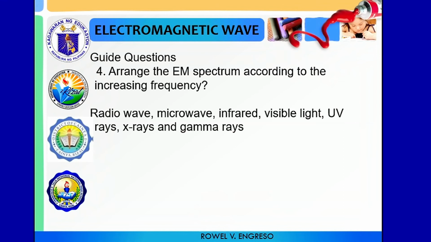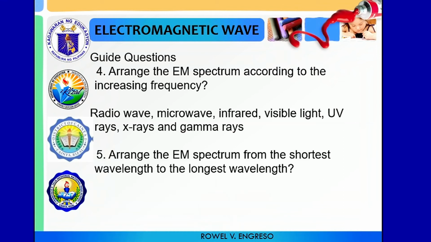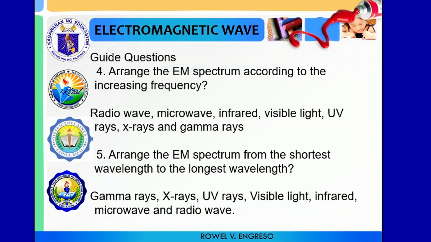And number 5, arrange the electromagnetic spectrum from the shortest wavelength to the longest wavelength. That is gamma rays, X-rays, ultraviolet rays or UV rays, visible light, infrared, microwave, and radio wave.